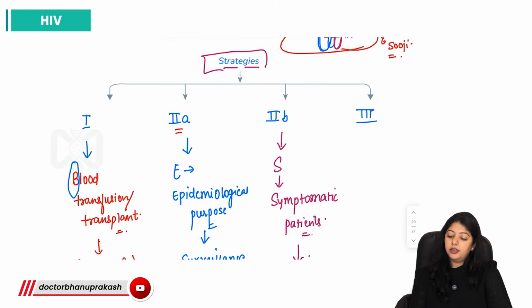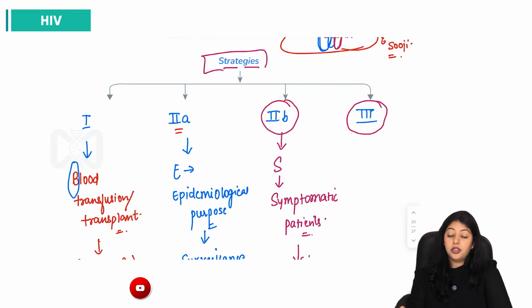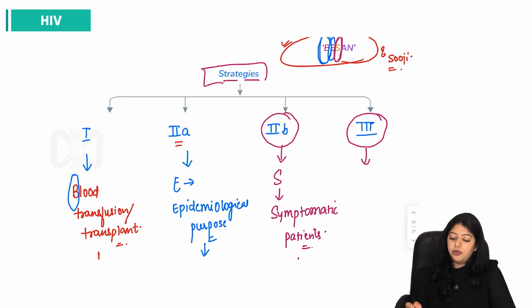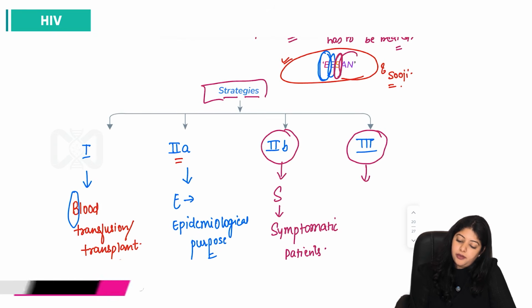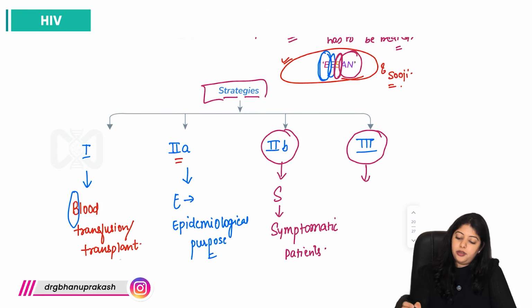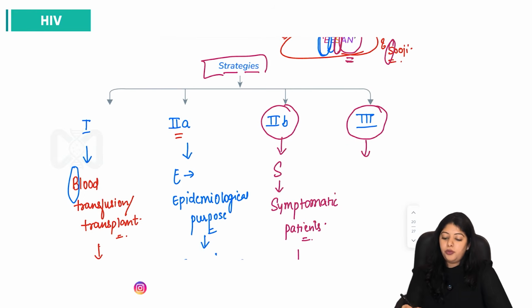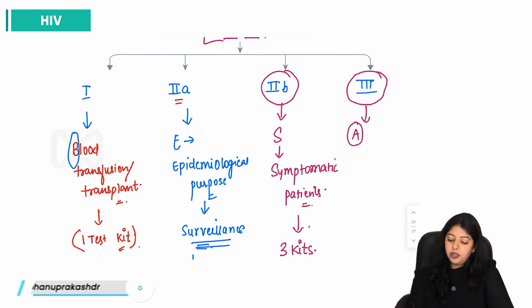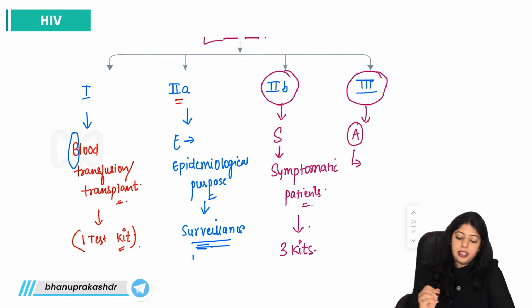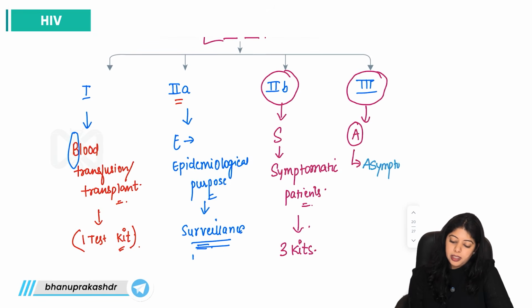And finally, the fourth strategy or strategy 3, it will be used for 3 things. So we are using the last 2 letters of the word basin and S from Suchim. So first things first, it will be used for asymptomatic cases, asymptomatic patients.